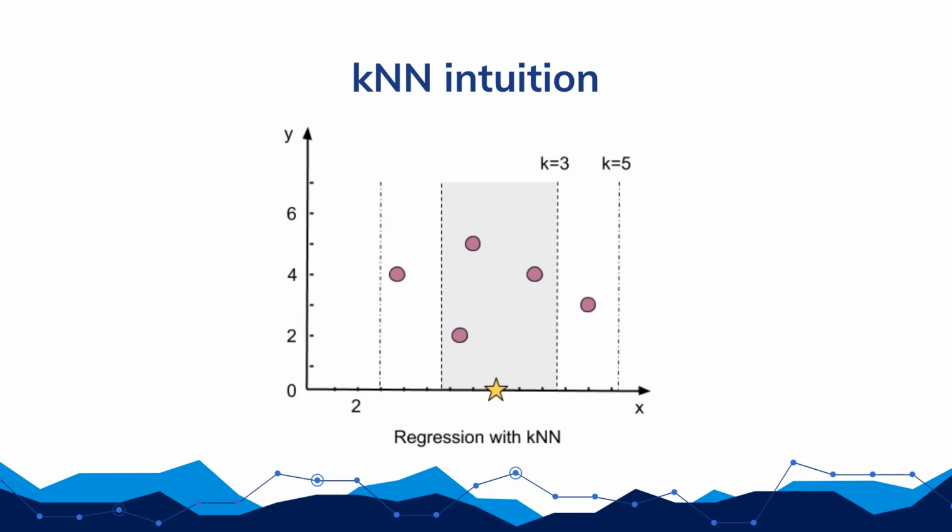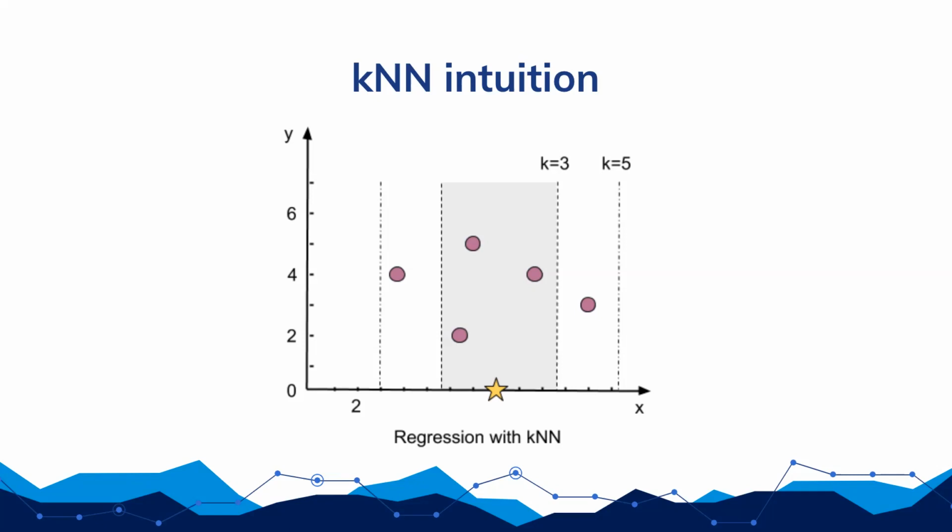So again, if we want to use the three nearest neighbors of the star, those will be the points in that gray area. In this case, there's no such thing as the most frequent, so we can use the average of the y values of the nearest points and predict that value for the star.